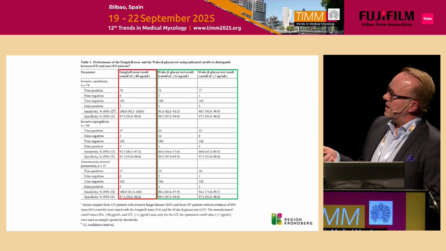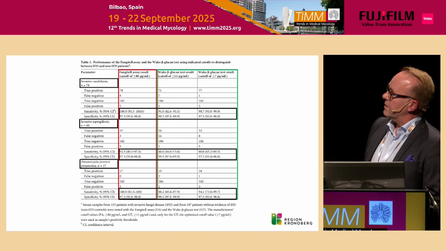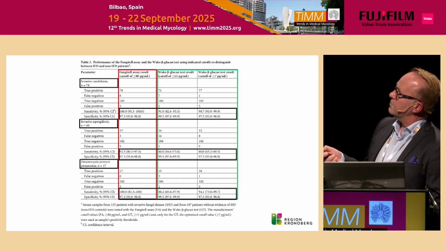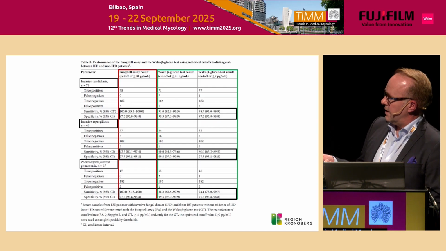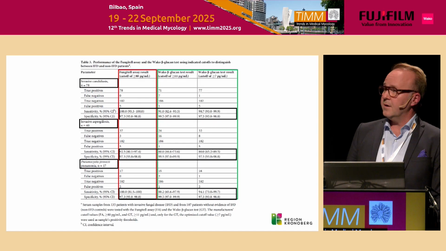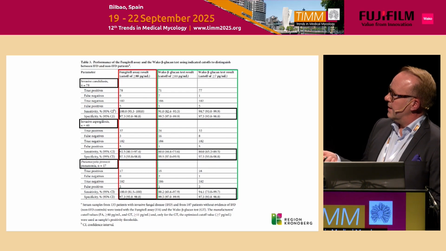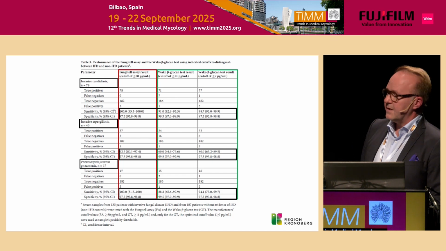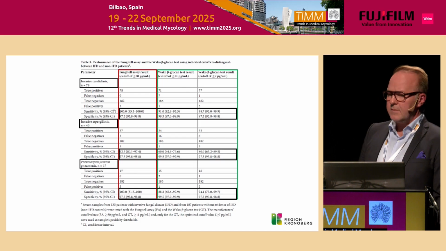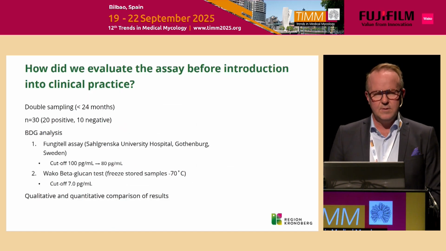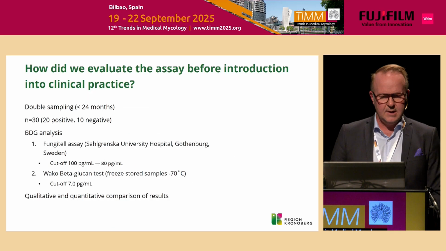With 11, Fungitel was superior, but with a correct adjustment of the cutoff, the differences both for candidiasis and pneumocystis disappeared. However, there was still a slight difference in sensitivity for invasive aspergillosis. So based on this, we decided to continue with the introduction of the WACO test in clinical practice.